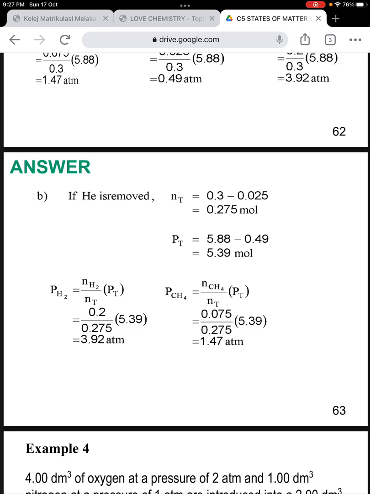And the total pressure also becomes 5.39 from 5.88 for the same reason, helium is removed. So the new partial pressure of hydrogen gas is 3.92 atm, while the new partial pressure of CH4 is 1.47 atm, which is calculated in a similar manner to H2.